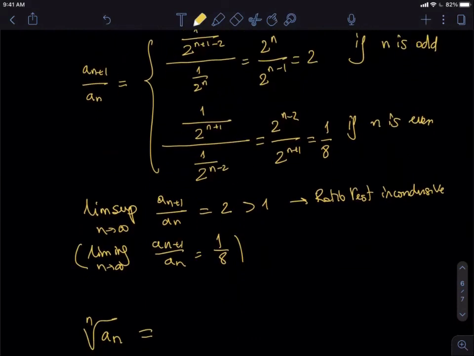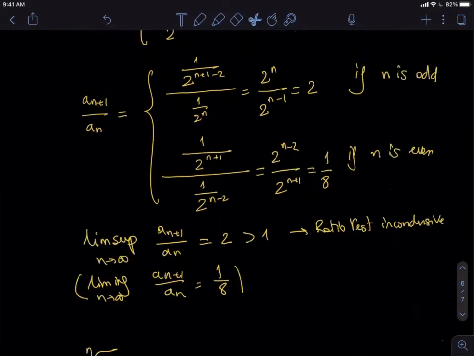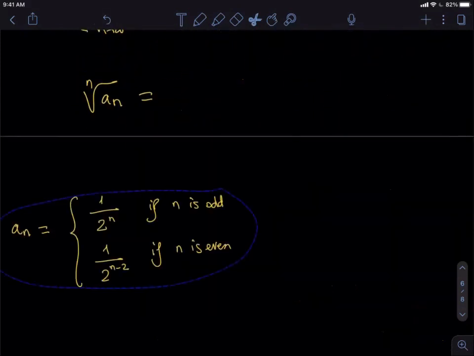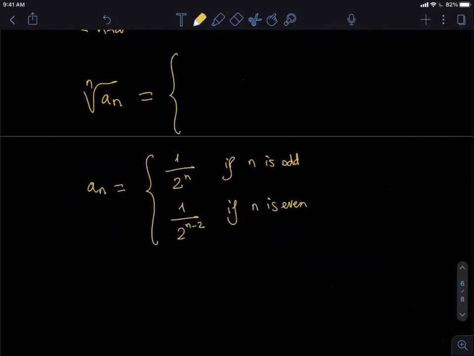So with the root test, well, actually this one is quite straightforward. Let me copy this so that we can refer to it. So we have to take the nth root, but because it's already a power n, we are all set.